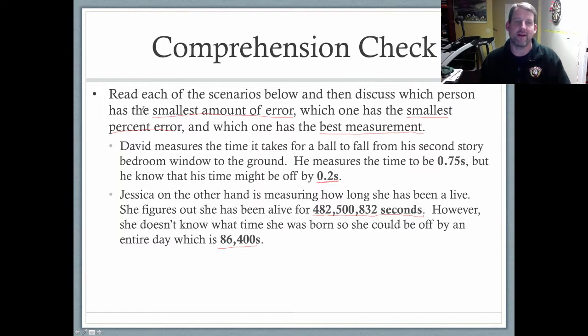I want you to work on calculating the amount of error each of these people have, David and Jessica, as well as the percent error and which one has the best measurement. I want actual numbers for this, and then this is going to be a value judgment of which one do you think does the best job of measuring time. All right, take time now. Hit pause and get that done. When you're ready, we'll play again.